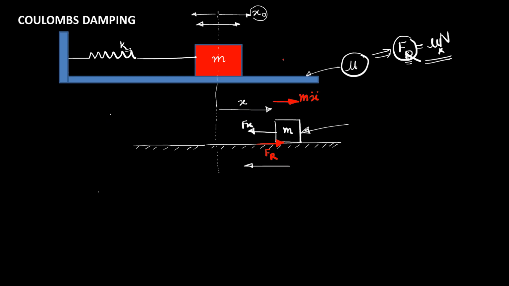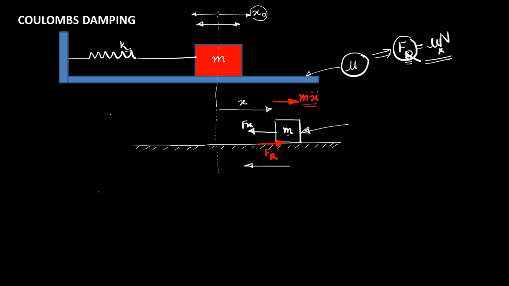Why is this on the right side? Because the displacement x is taken with respect to the mean position. As long as the mass is on the right side of the equilibrium position, the x vector will point towards the right side only. And therefore, we should consider this mx double dot on the right side.